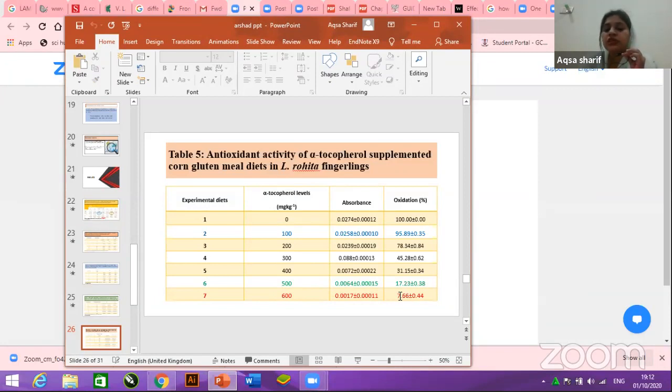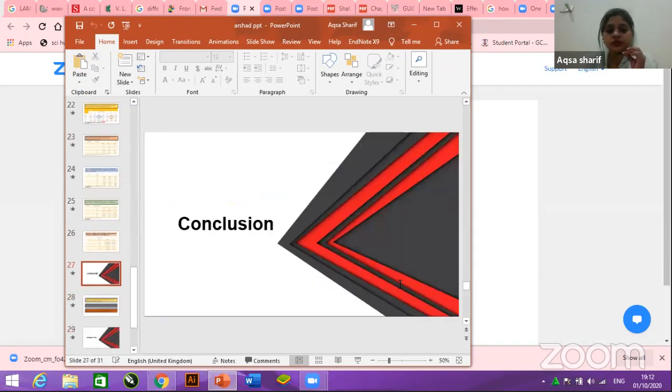Only 7% oxidation occurred in the fish meat, while you can say this value increases as the alpha tocopherol, it means vitamin E level, decreases. So we should add 600 mg per kg of the alpha tocopherol in the diet to prevent the oxidation.